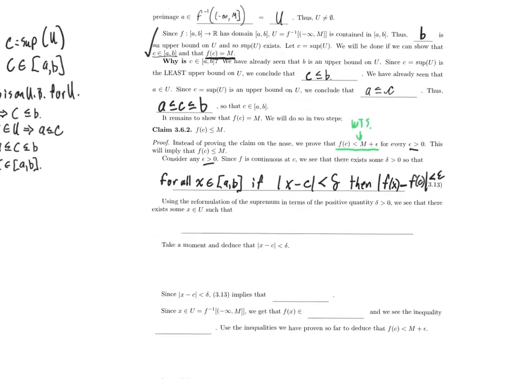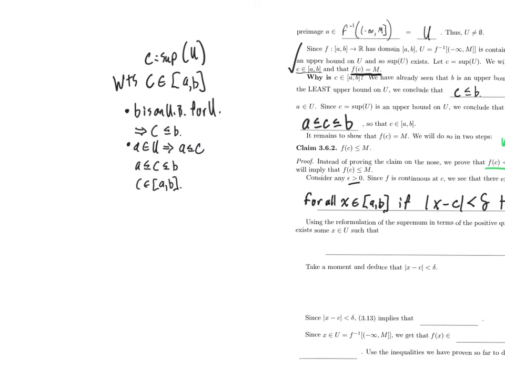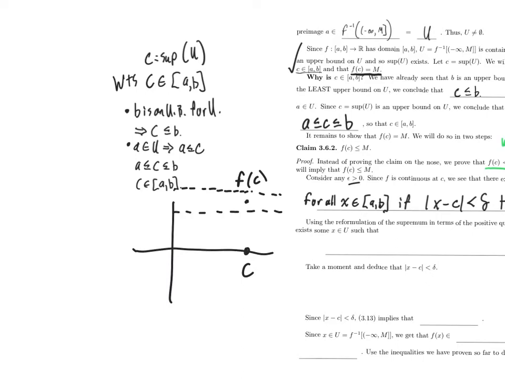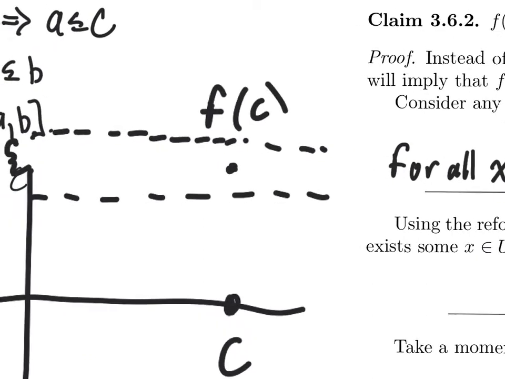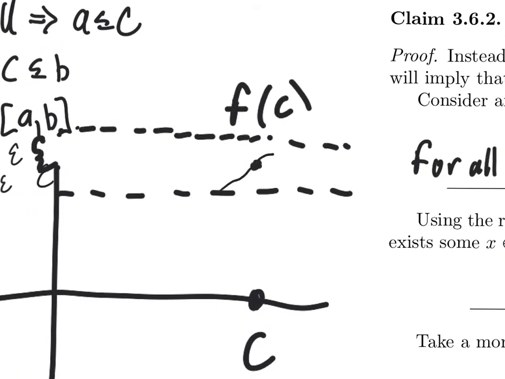All right. Well, let's see what that means. And maybe in order to motivate it, let's draw a little picture. So here's that point C. There I see f of C. So if I look epsilon above f of C, epsilon below f of C, then there exists some delta such that as long as the x values, sorry, that was muffled by a cat walking in front of my face.